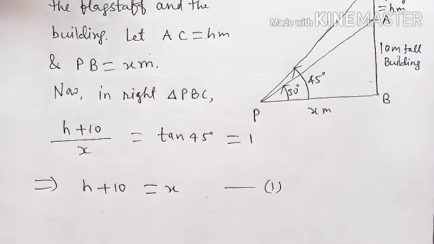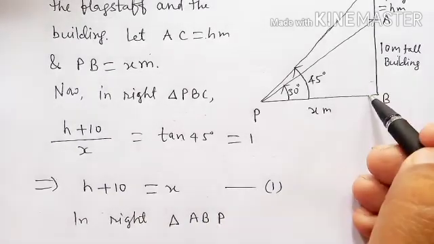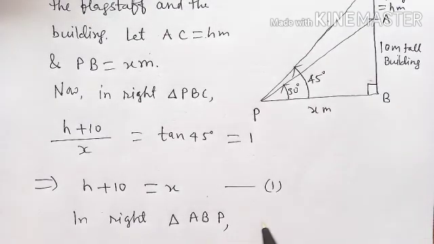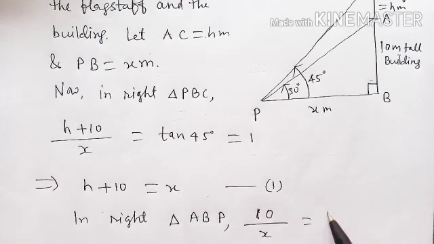Now we take another triangle. In right triangle ABP, AB means 10 by BP means x is equal to tan 30 degree.